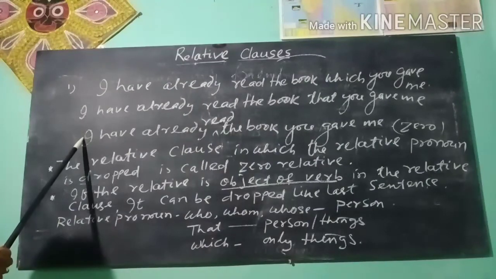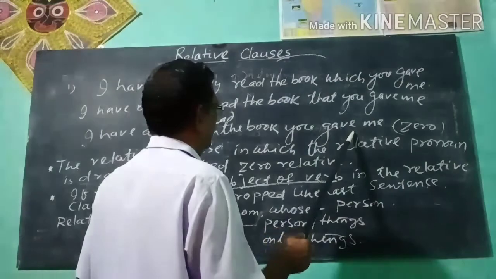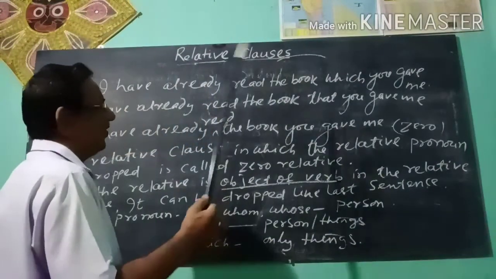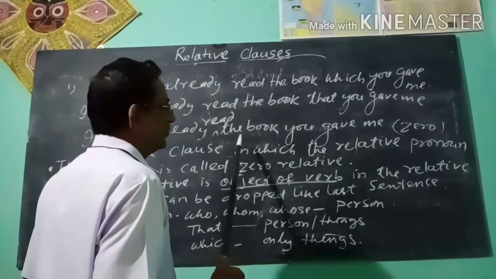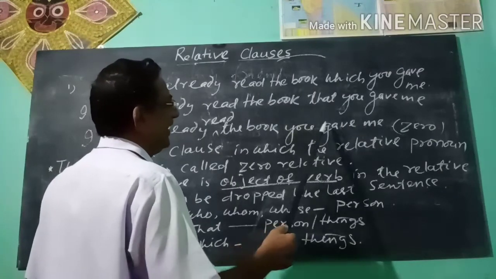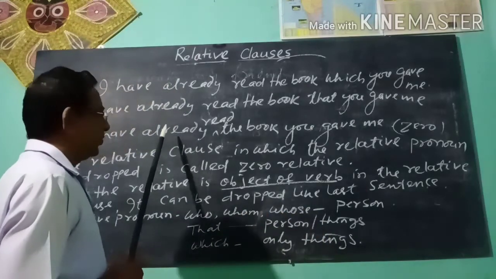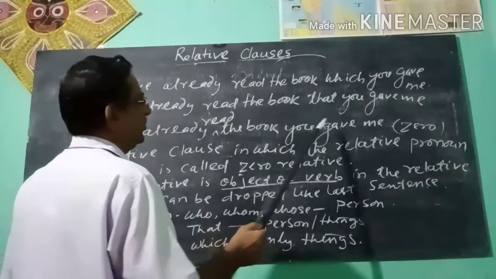Next, you see, I have already read the book you gave me. Here, no relative pronoun is used. So, in this sentence, you gave me has no relative pronoun. So, it is called zero relatives.